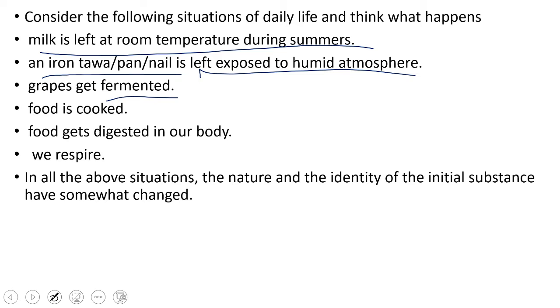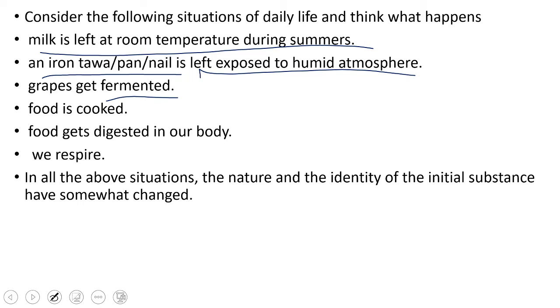So what do you mean by all these examples? In all these examples, what we identified is that the nature and the identity of the initial substance have changed. Like milk left at room temperature got spoiled. Initially milk is very good, and after that it got spoiled. Grapes got spoiled. Food is cooked.